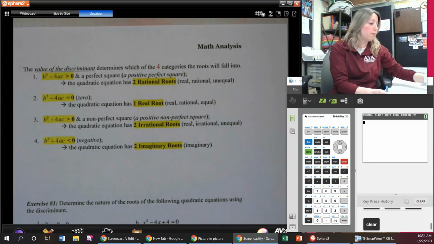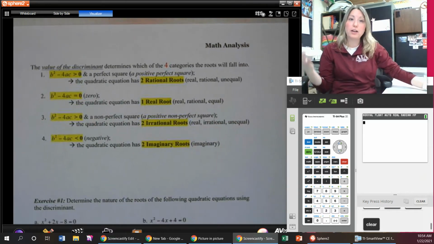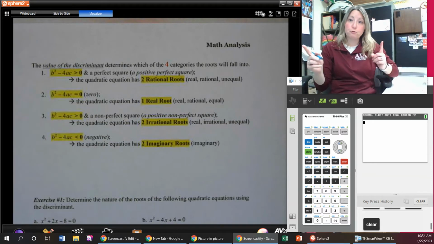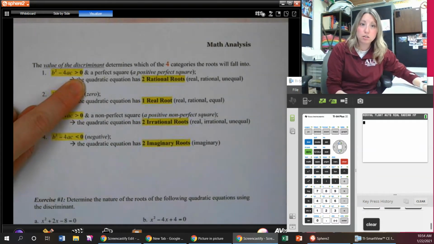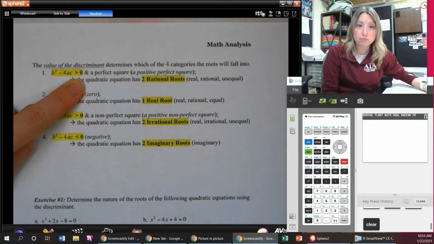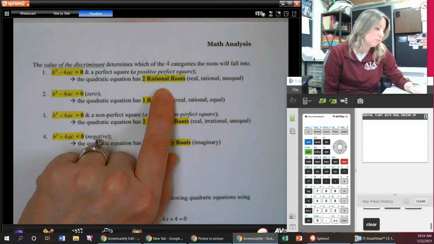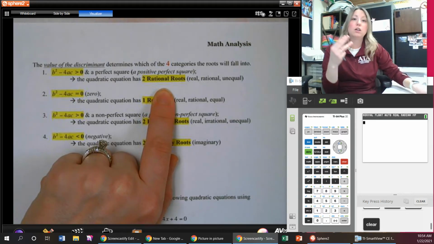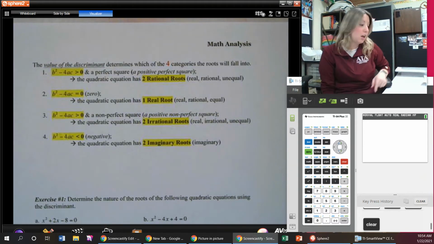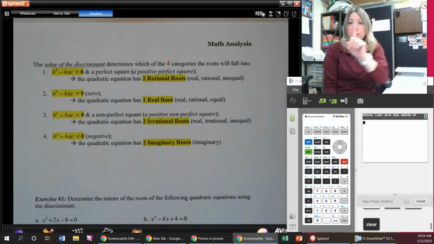Now, here are the 4 ways you find your types of roots. If your discriminant is greater than 0, so this is a positive number that's a perfect square, it's 2 rational roots. Okay? If it's a positive number that is also a perfect square, 2 rational roots. If your discriminant is 0, that's 1 root.